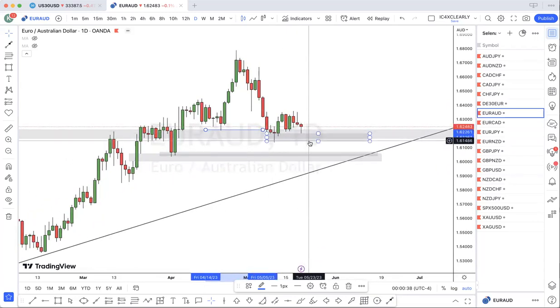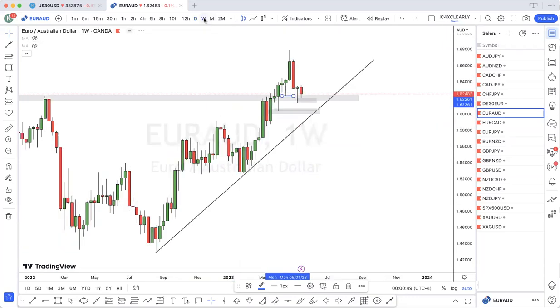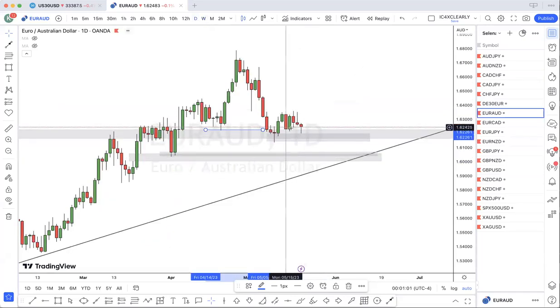So I would definitely be on the lookout. I would guess you could sell it down based on the weekly order block. With the way this wick is, it's probably going to go down without much pullback. I think that's about as much as it's going to give right now.